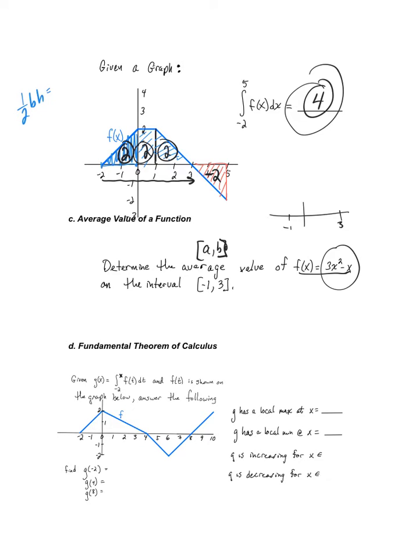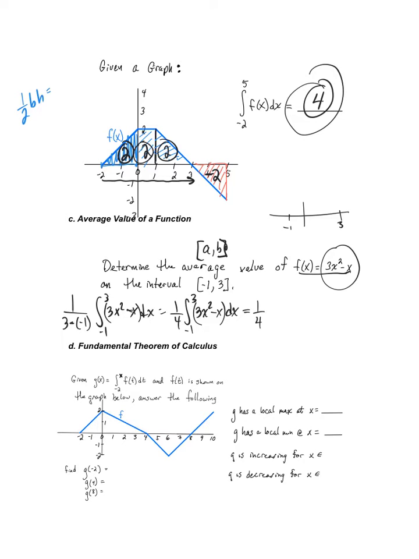So the formula is 1 over b minus a, which in this case is 1 over 3 minus -1, times the integral of -1 to 3 of our function, which is just 3x squared minus x. So 1 over 3 minus -1 is 1/4, and we're going to integrate from -1 to 3, 3x squared minus x dx, and we'll get that number here.